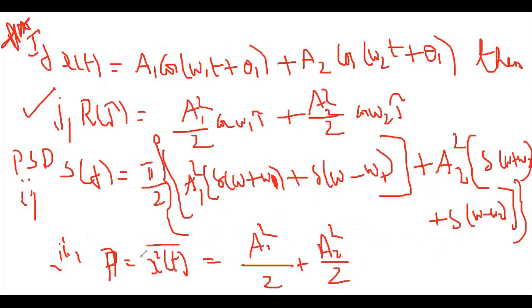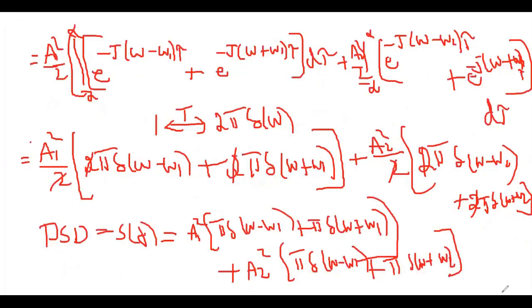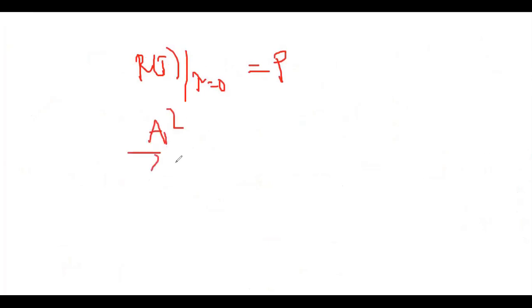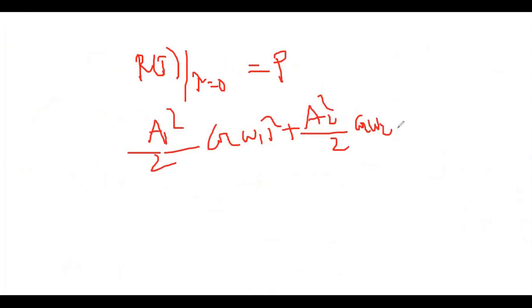Got it. And this third one you can see: P is equal to a1 square by 2 plus a2 square by 2. When do we get P? What is the relation here? P is equal to R of tau at tau equal to 0, as it is a power signal. R of tau is a1 square by 2 cos omega 1 tau plus a2 square by 2 cos omega 2 tau.